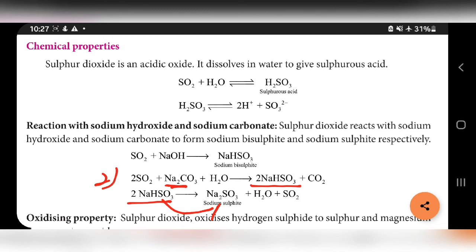So two reactions are given. Sulfur dioxide can react with sodium hydroxide and also sodium carbonate, both of which are bases. With sodium hydroxide, it gives sodium bisulfite directly. With sodium carbonate, it first gives sodium bisulfite and then the sodium bisulfite is converted into sodium sulfite.